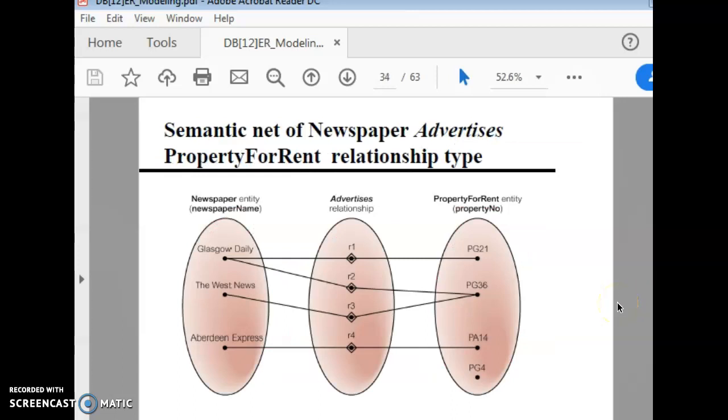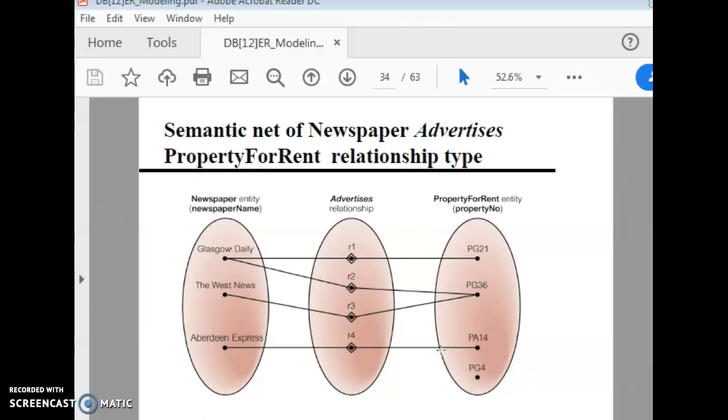Next, coming to the many-to-many relationship, consider the relationship Advertises, which relates the newspaper and property for rent entity types. This is the semantic net.